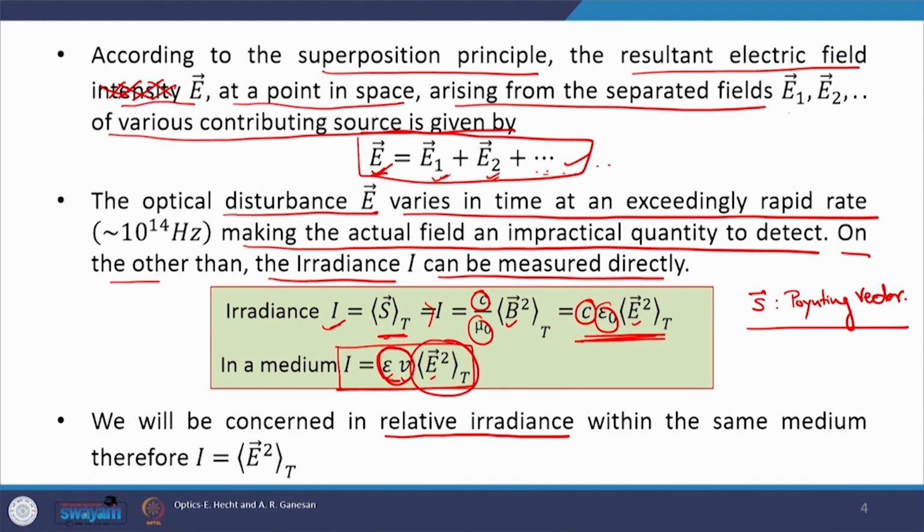Therefore, from now on, whenever we express irradiance, we will neglect the epsilon into v term, because we will be calculating relative irradiances in the same medium. Therefore, we will define irradiance I as the time average of E square, where E is our electric field vector.